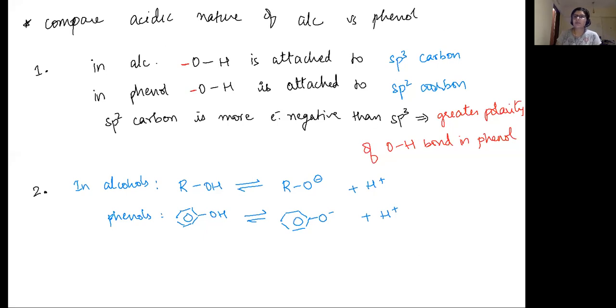Now, amongst the alkoxide versus phenoxide ion, which do you think is more stable? Ria and Jasleen both have said phenoxide ion. Why do you think that is?